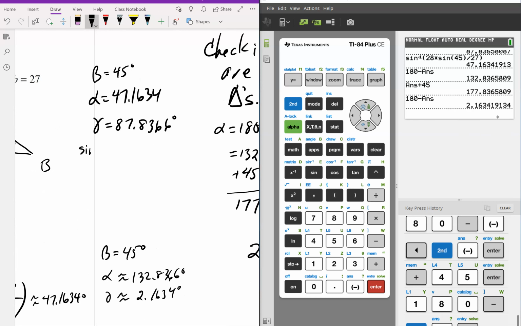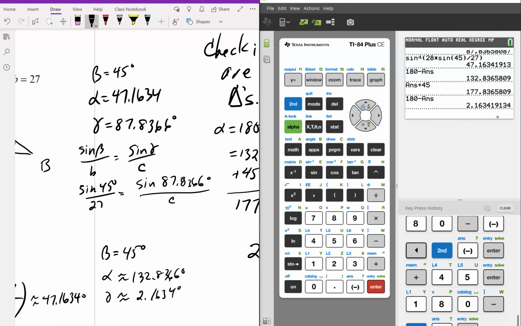For this one we have sine of beta over B is sine of gamma over C. Beta is 45 degrees. B is 27. C, I don't know, but gamma we know is 87.8366 degrees.